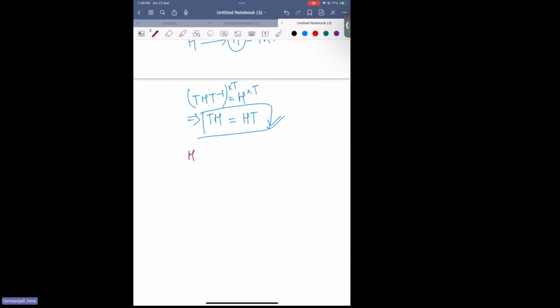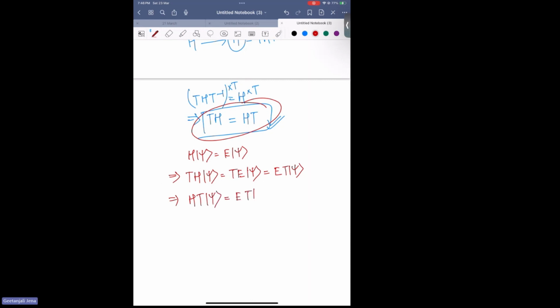So it is given H psi equals E psi. Now if you multiply by the T operator, T H psi equals T E psi, which is nothing but E times T psi. And from the earlier result, T H equals H T, so you can write H T psi equals E times T psi.